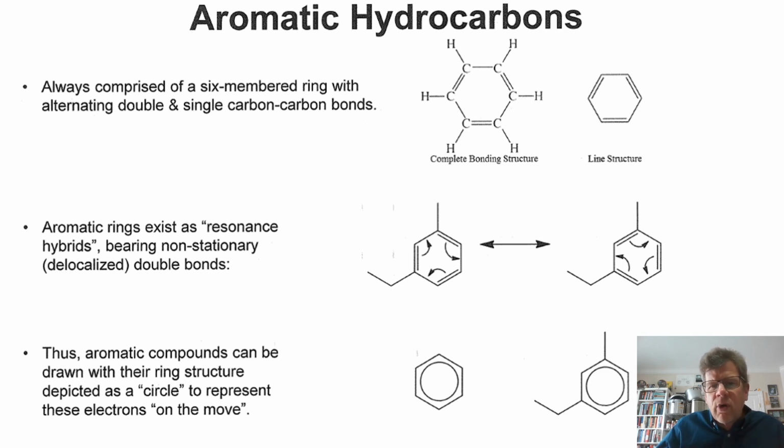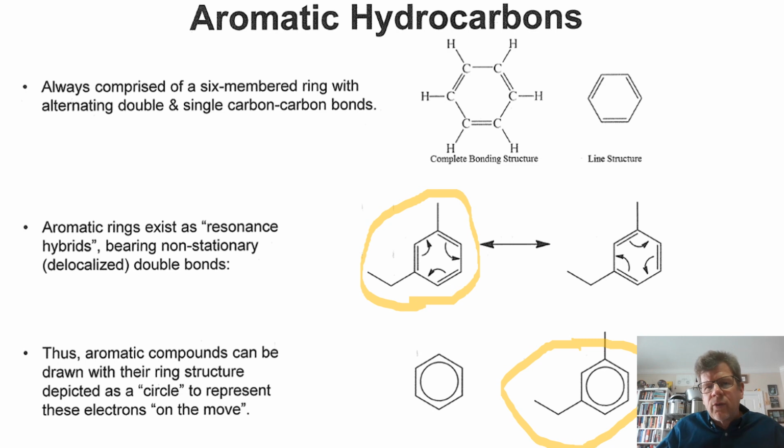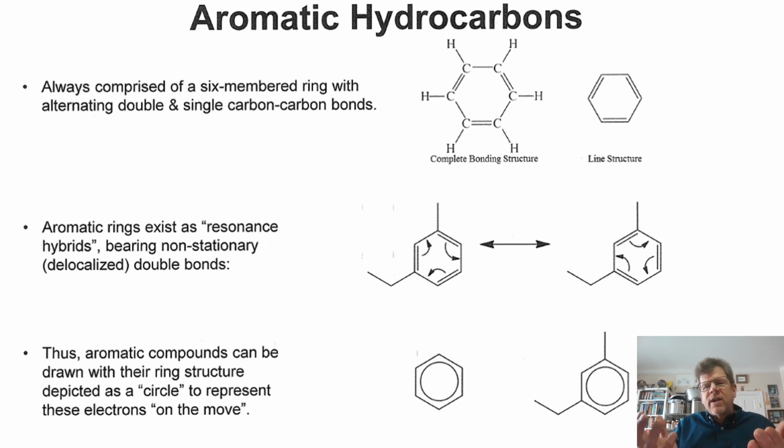So I could draw this compound like I see here, or I could draw that same compound like I see here, minus the curved arrows, of course, but they're both perfectly reasonable renditions of drawing that particular compound. And I tell you this not because you must draw it one way or another, but because you will encounter aromatic rings sometimes that have just that circle within there, and sometimes you'll encounter them drawn with the alternating double and single bonds.